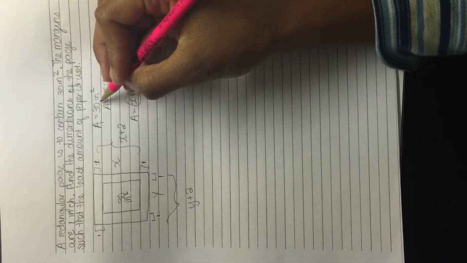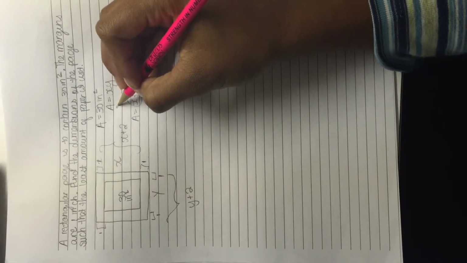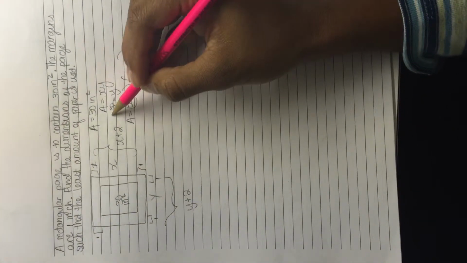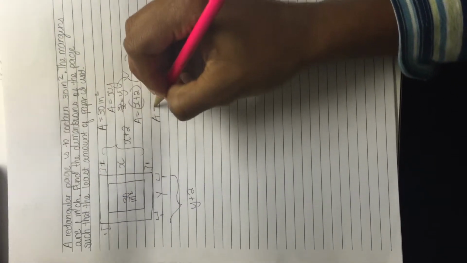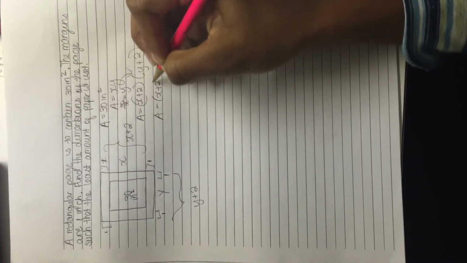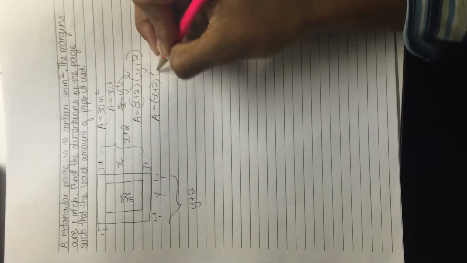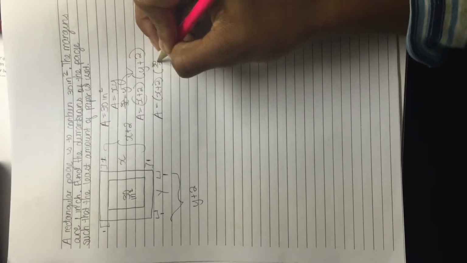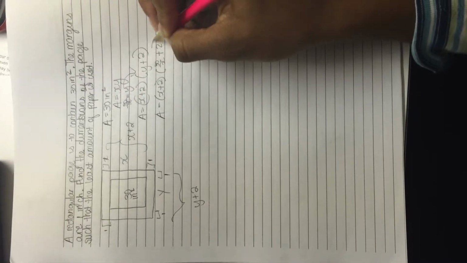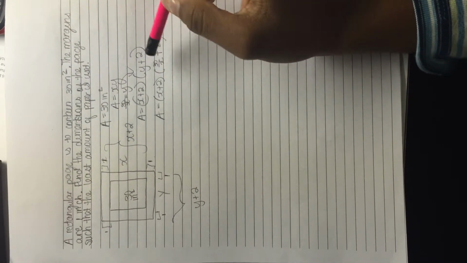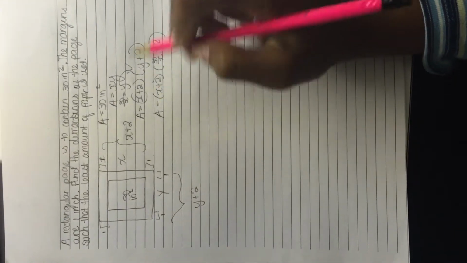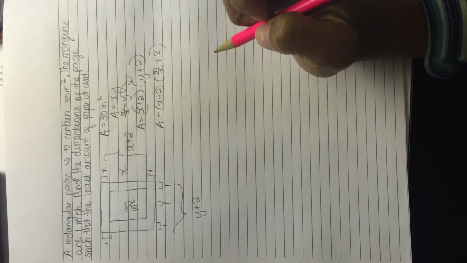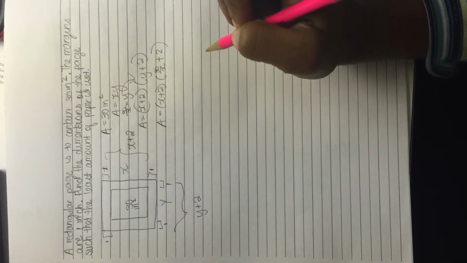If we use this, we know that the print area is 30, so 30 divided by X would be equal to Y. Now we can plug it in for Y. So A is equal to X plus 2 times 30 over X plus 2. Okay, so we have all X's now, and now we are going to find the derivative.